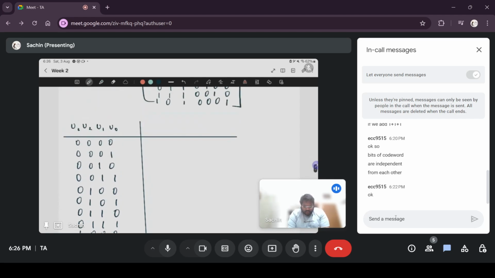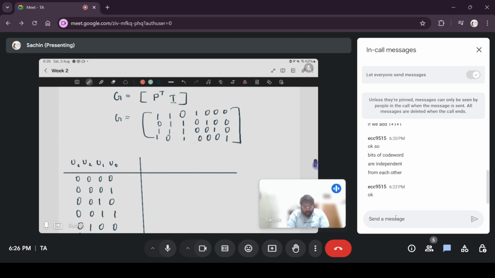And then the code word corresponding to each of the message, you can get the code word by multiplying this message with G. So 0000 times G will be, and let's see, so the next code word, 0001 times G will be the last row, 1010001.